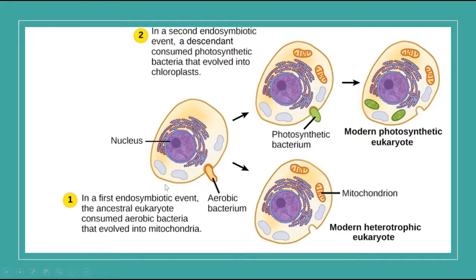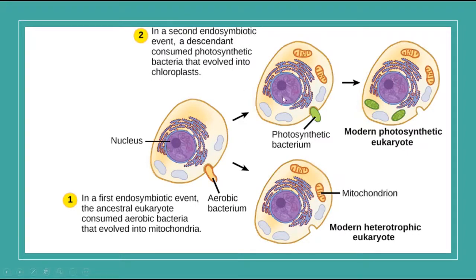There is a proper membrane-bound structure, and they engulfed a prokaryote or a bacteria, and hence the mitochondria formed. So here it is a modern heterotrophic eukaryote. Within that, the mitochondria developed into a separate organelle due to evolution.